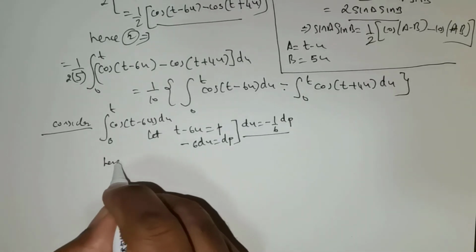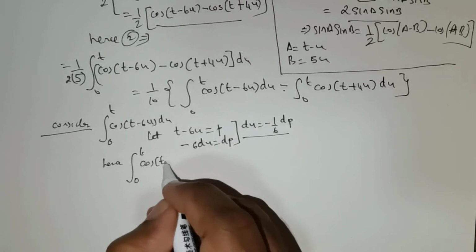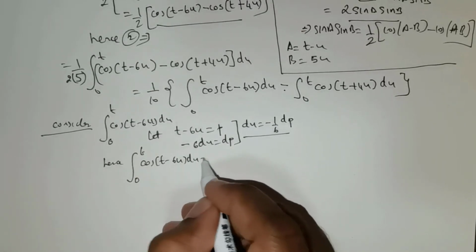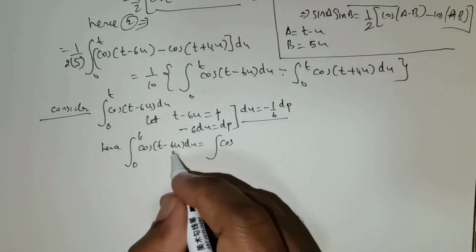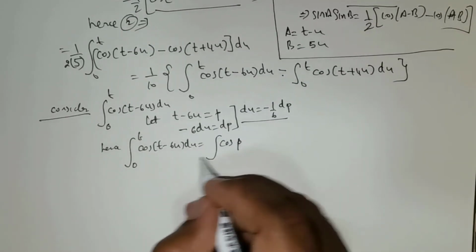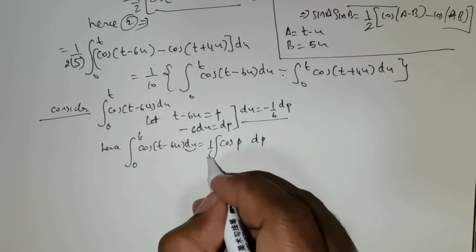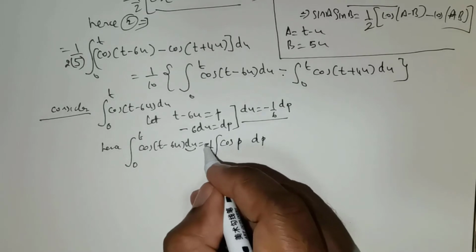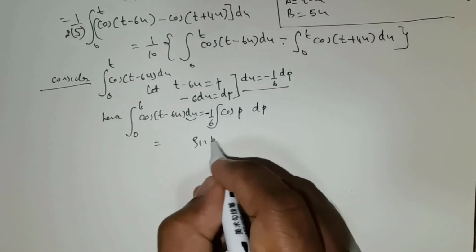So hence the integral from 0 to t of cos of (t − 6u) du is equal to the integral where I substitute t − 6u as p and du as negative dp over 6. If I integrate this, it's going to be sin p.